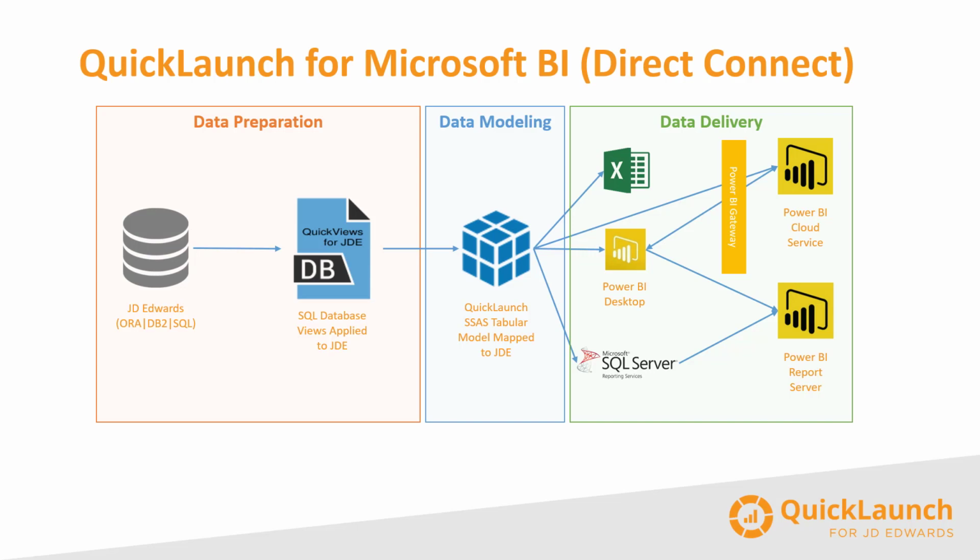The way that gets connected is what's called the gateway. So your JD Edwards could be on-premise, your cube could be on-premise, you'd be running Power BI Desktop on-premise, but you could publish to the cloud.